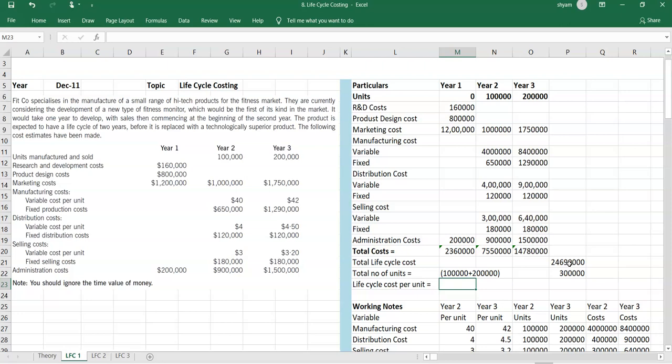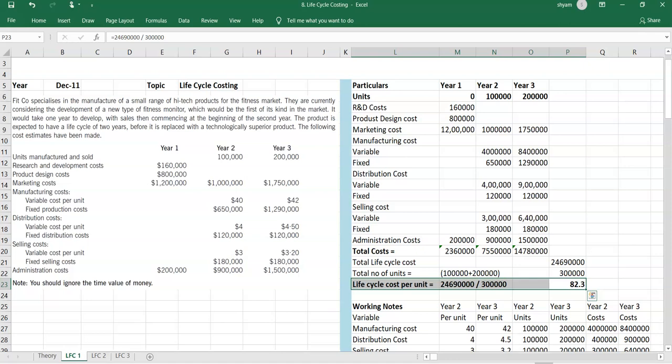So it would be 24691234 divided by 3 lakhs. So the answer comes to 82.3. So the total life cycle costing is 82.3.